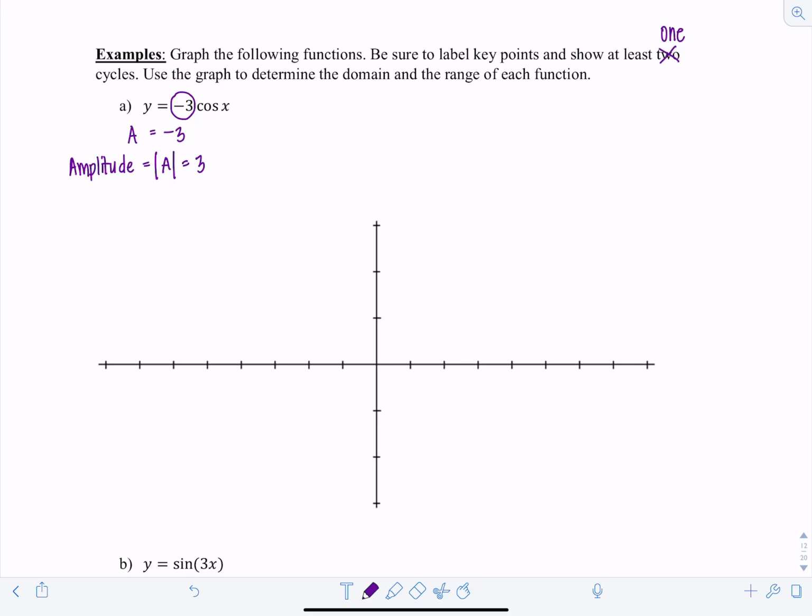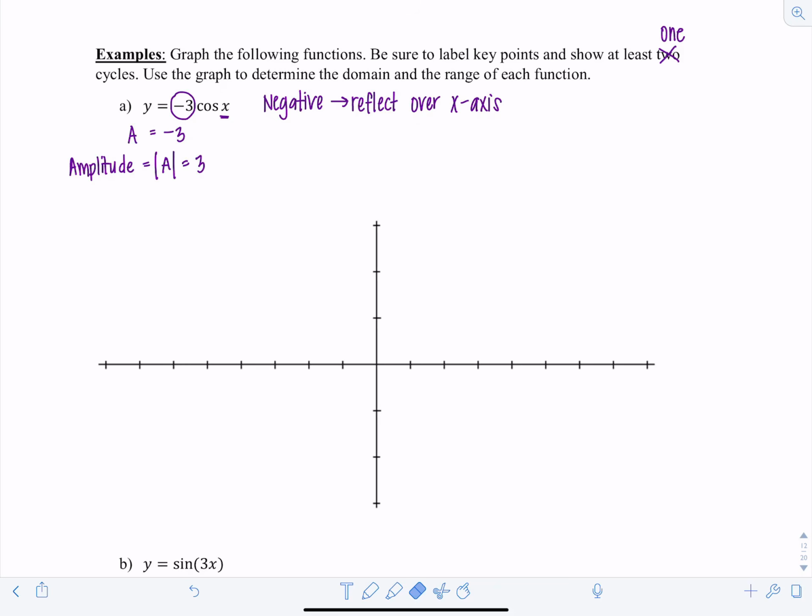Okay, so don't forget that that negative means we have a reflection over the x-axis. Okay, now let's see if there's been any change in the period. Is there a coefficient in front of x? Remember, if there's some constant in front of x, that's going to affect it horizontally.